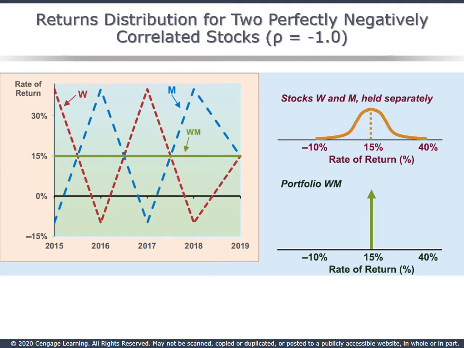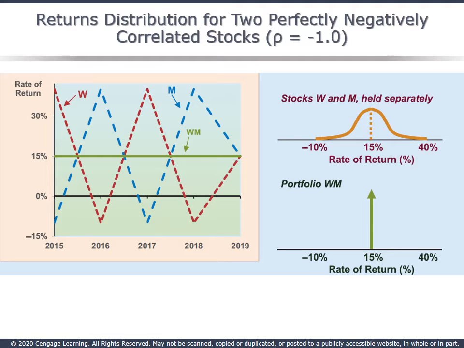If we hold each one of these two stocks, W and M, separately, you put all your money in one or all your money in the other, on average, your expected rate of return is 15%. Furthermore, each one is individually risky.